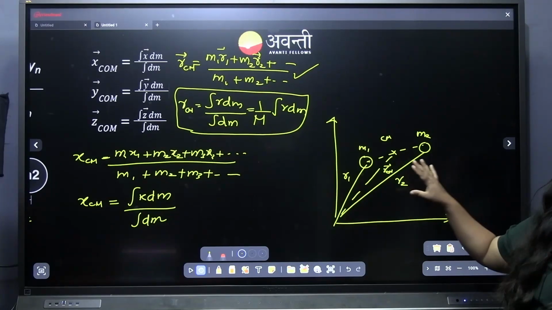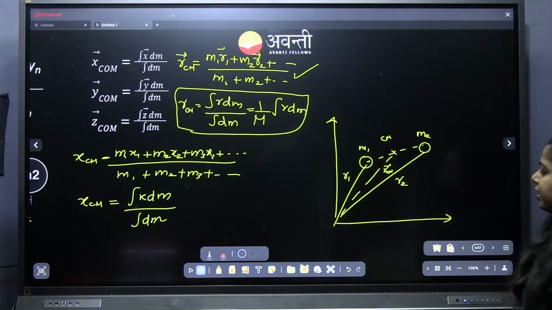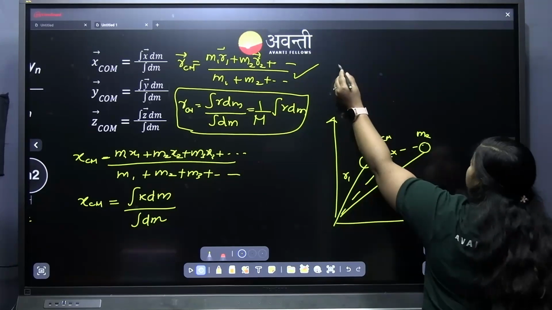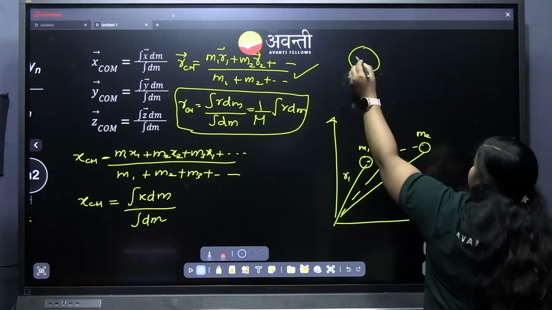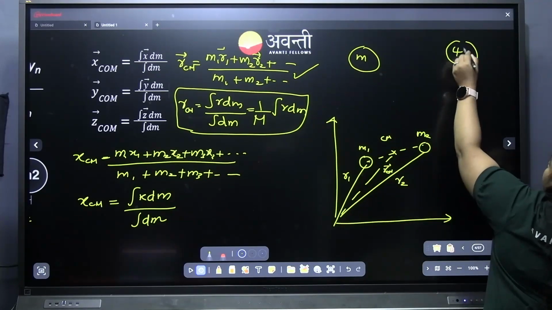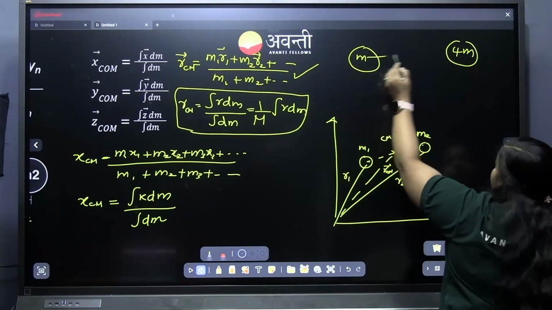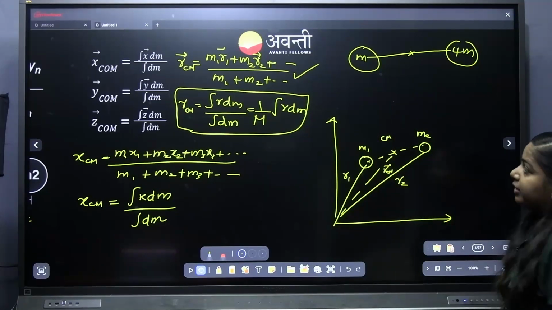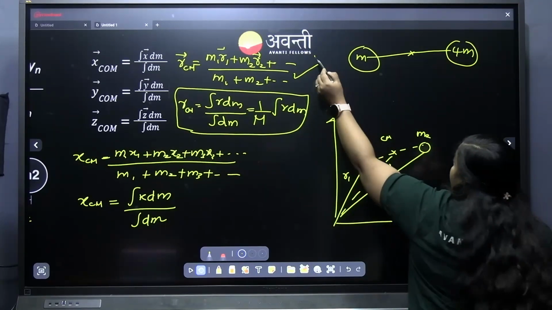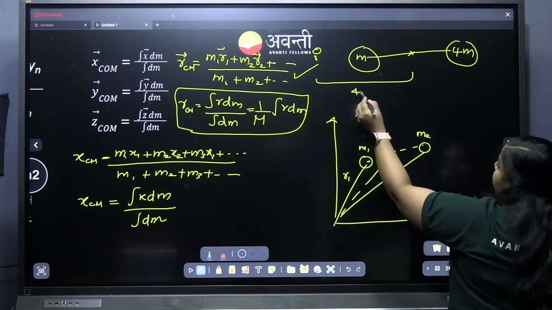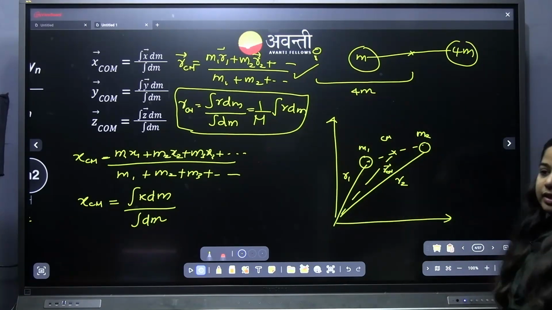This is just a graphical representation. The other one will be like this. There are two masses, m and 4m. Let's say the center of mass is at 4 meters from the origin.